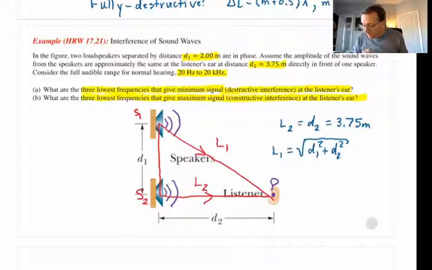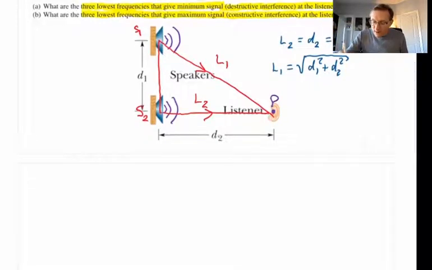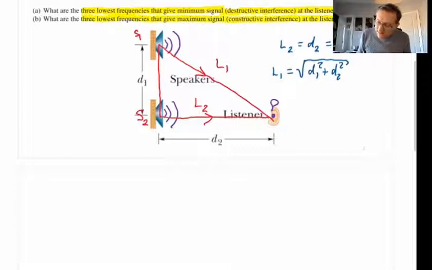All right, I didn't actually do it, but you can take D1 squared plus D2 squared and take the square root. Now, in part A, I want to know the three lowest frequencies that give me fully destructive interference at the point where the ear is.